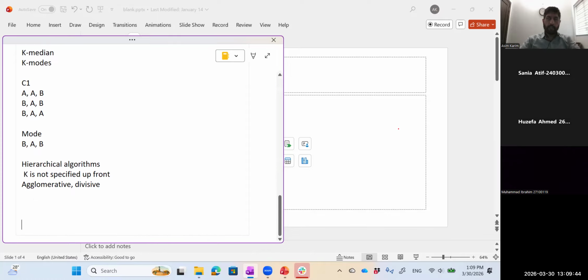Let me take a simple 1D example; we will actually see later how to do this. Let's say I have x1, x2, x3, x4. Initially, in this first step, k is equal to 4. Every object is its own cluster.